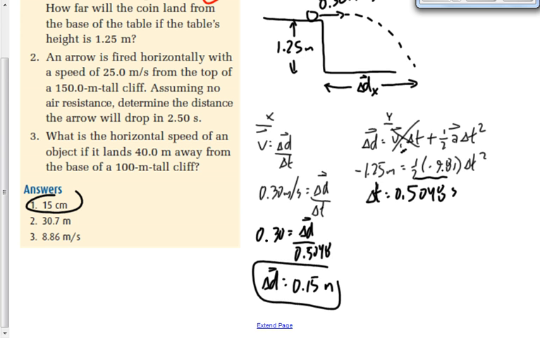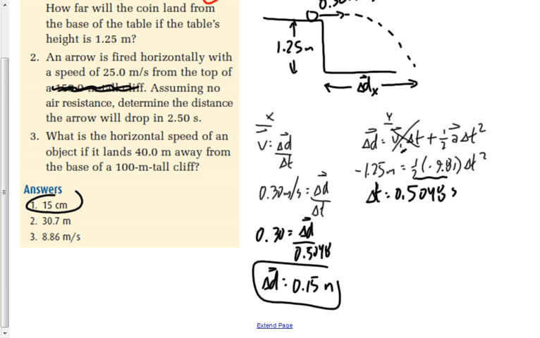All right, we'll give you a little bit more time to work on questions 2 and 3 here now. I'm going to point out something for question 2, though, so that you're not led off on a wild goose chase on this. This 150-meter tall cliff is irrelevant. Can anybody explain to me why the 150-meter high cliff means nothing in this question?